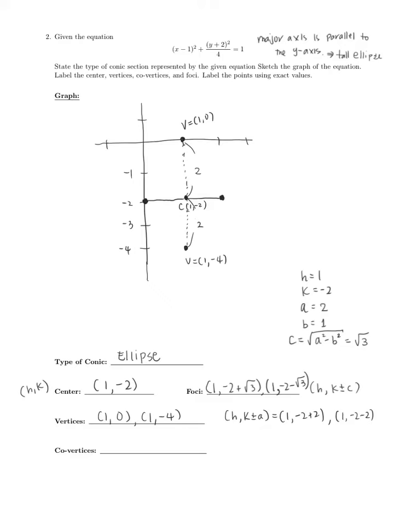So it looks like our co-vertices, I'm just going to write it as CV, is 0 comma negative 2, and then this co-vertex here is going to be what? 2 comma negative 2. Okay, so let me just connect the dots. That's not too bad either. All right, so co-vertices are 0 comma negative 2 and 2 comma negative 2.